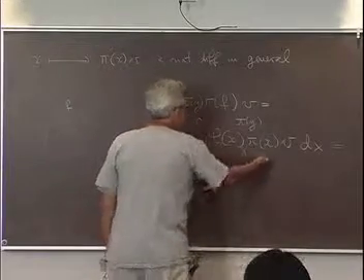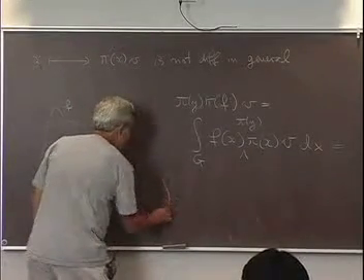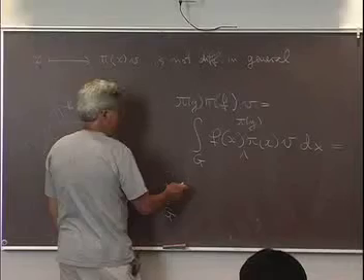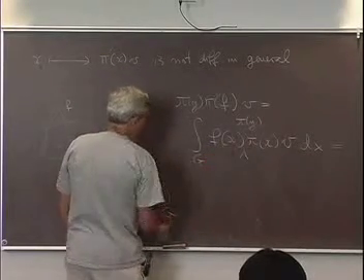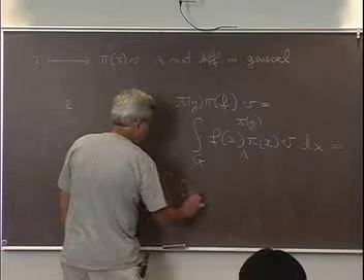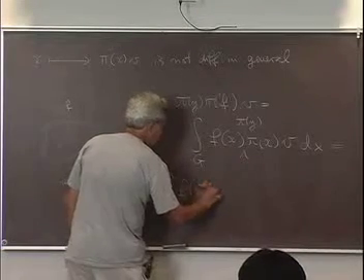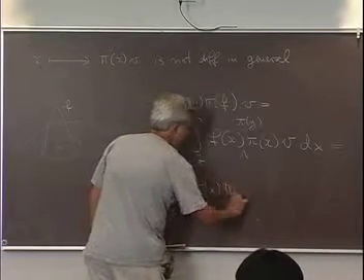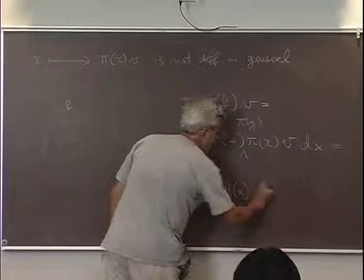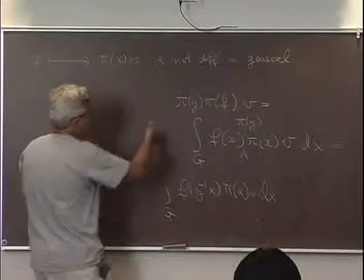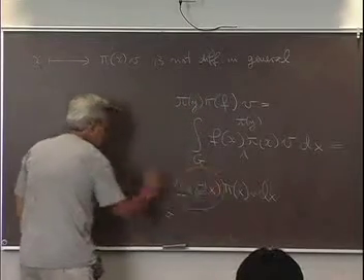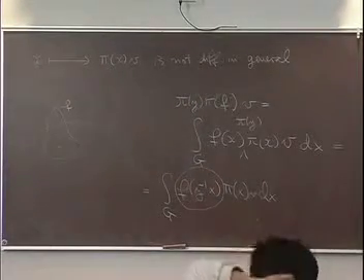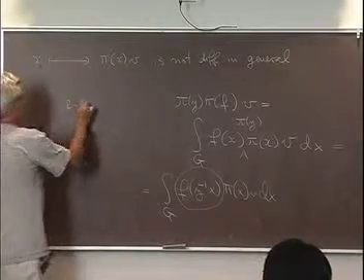So what I can do, I can change the variable, and multiplying by pi of y generates here a shift by y inverse. And now I can differentiate this with respect to y, because here I have a function, so I take f to be smooth.